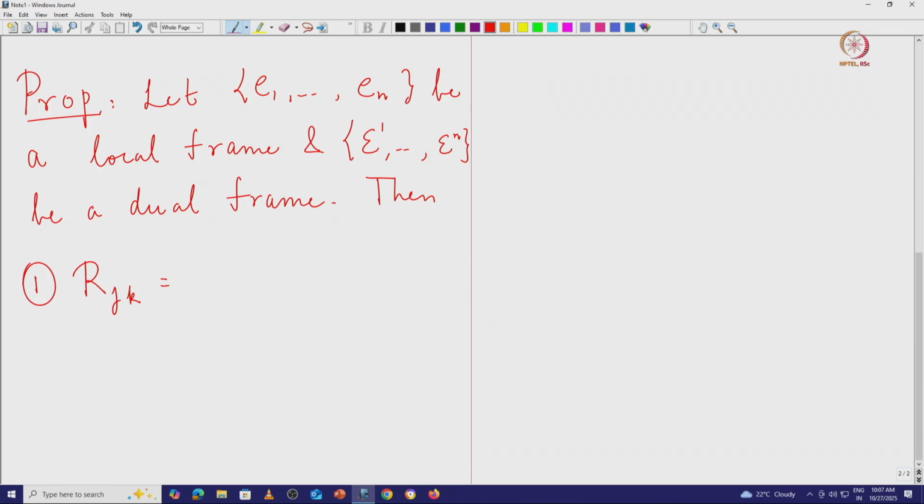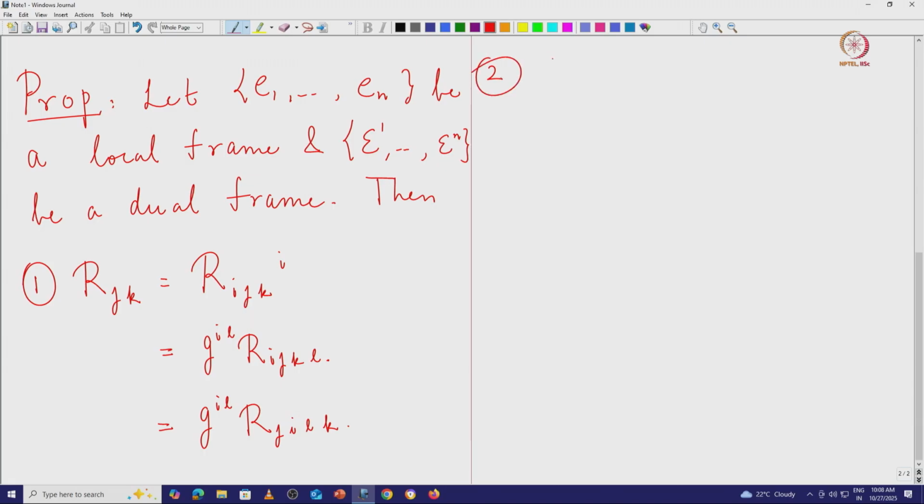Rjk, which were the components of the Ricci tensor, can be obtained from the components of the curvature endomorphism by summing up the first and the last index, right, or in terms of the Riemann curvature tensor this is the same as g upper il Rijkl, okay. And then by using the symmetries of the tensor this is also the same as g upper il Rjilk, okay.